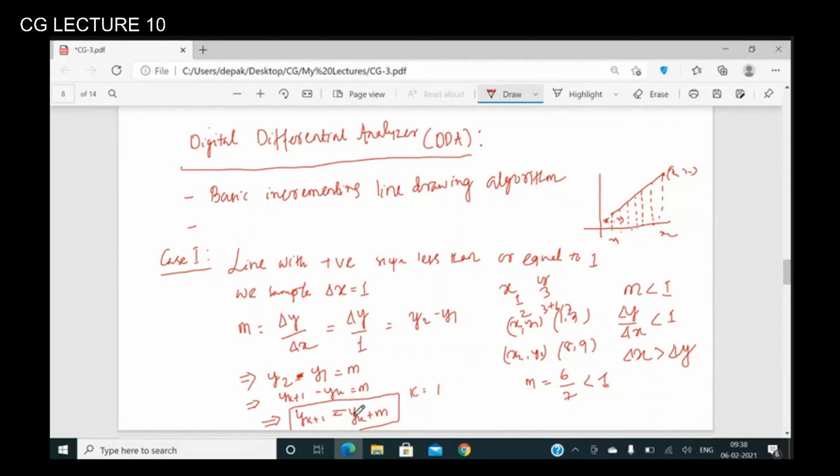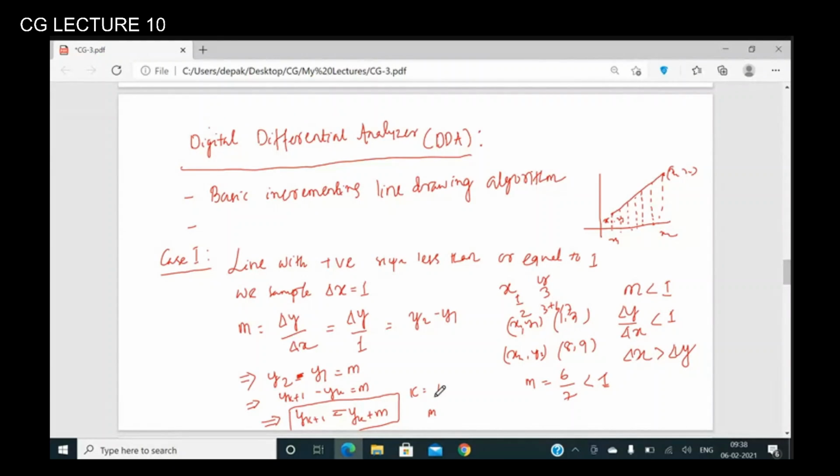Here in general, I am deriving this expression, right? The m value can be any real value, not exactly 0 to 1, but it will be a real number because you are calculating the ratio of del y and del x, right? And the values will be rounded to the nearest integer, right?